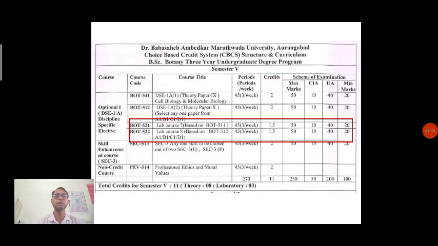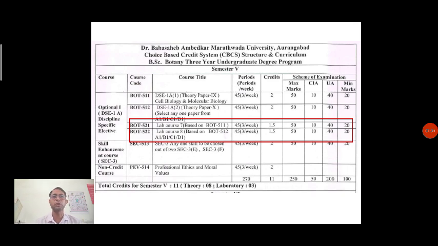Here we can see 45 lectures are given in total, that is 3 lectures per week, with 2 credits each. This paper has 50 marks as the maximum marks, divided as CIA, continuous internal assessment, for 10 marks, and the university assessment for 40 marks.